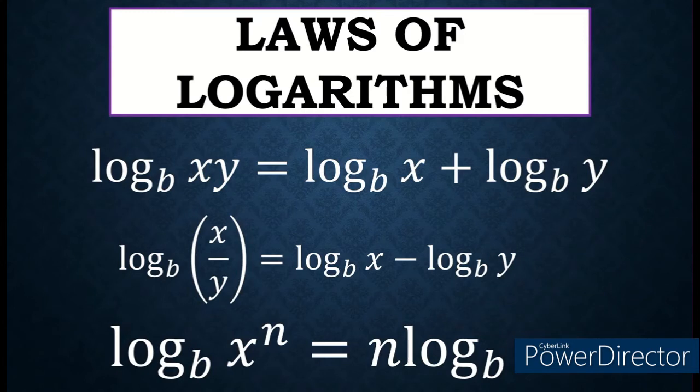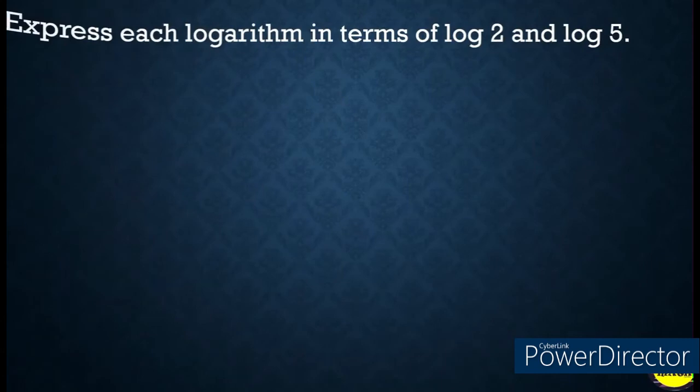And then, the logarithm of a quotient, let's say log x over y with base b is equal to, kapag in-expand natin, log x with base b minus log of y with base b. And then, logarithm of a power, log x raised to n with base b is equal to n times log x with base b.